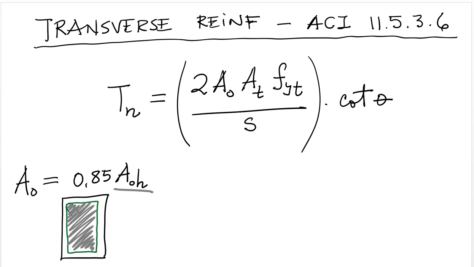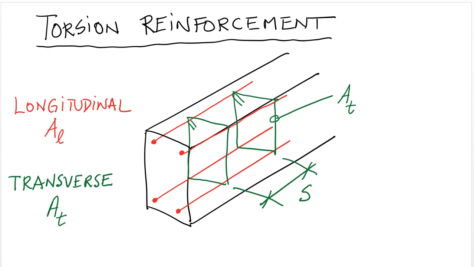You multiply that times 0.85 and that gives you A naught. That's the value that goes in that equation. At, going back to our figure, At is the area of transverse reinforcement of one leg of the stirrups, right?